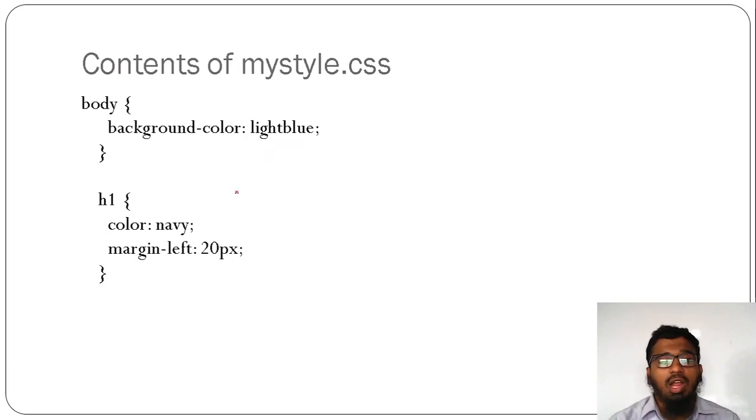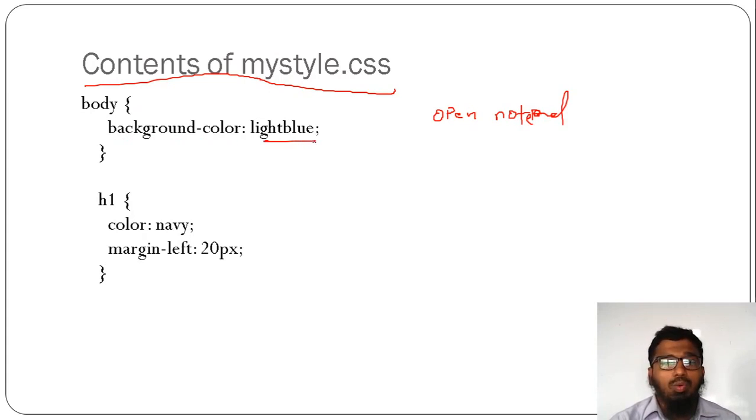So in the external, how will you save the file? Open the notepad, and write this code, all the code. Body, curly bracket open, background color is light blue, close. H1, color is navy, margin-left 20px.